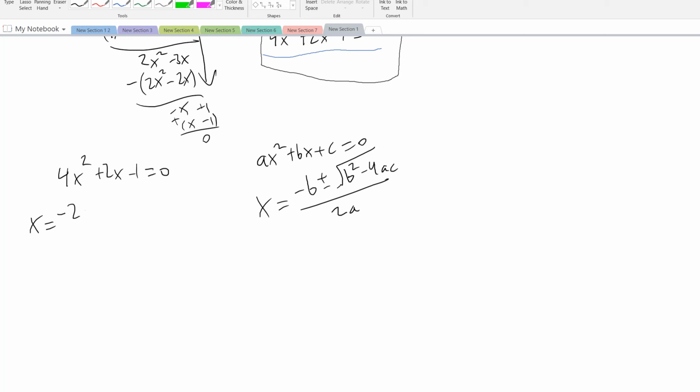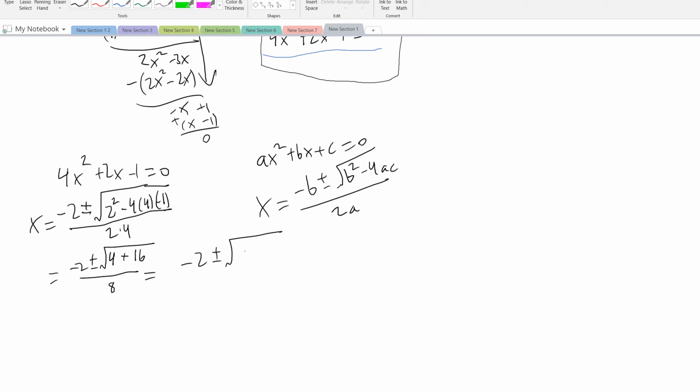So we've got negative 2 plus or minus the square root of 2 squared minus 4 times 4 times negative 1, all over 2 times 4. So we get negative 2 plus or minus the square root of 4 plus 16, over 8. So we get negative 2 plus or minus the square root of 20, over 8.